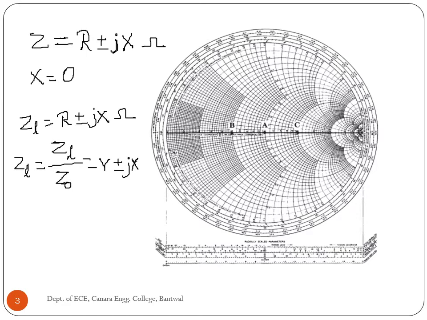The pure resistance line is structured such that the system standard impedance is in the center of the chart and has a normalized value of 1.0.